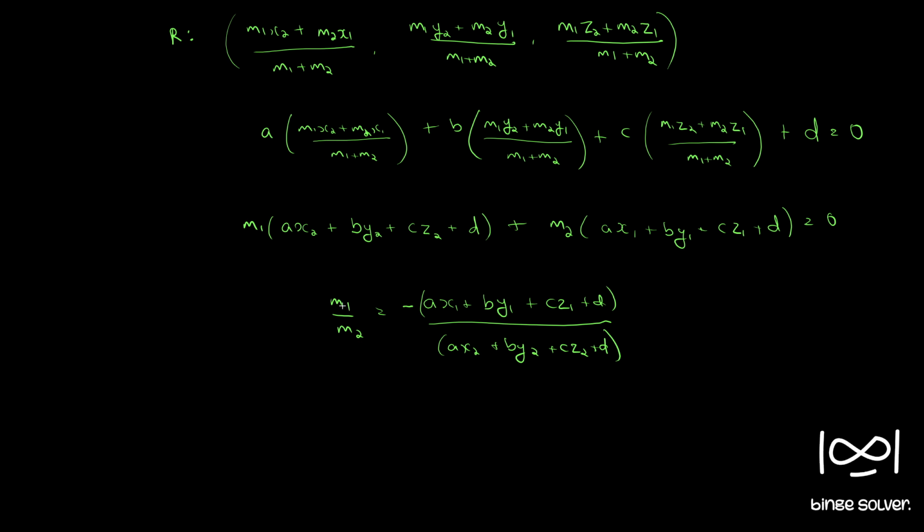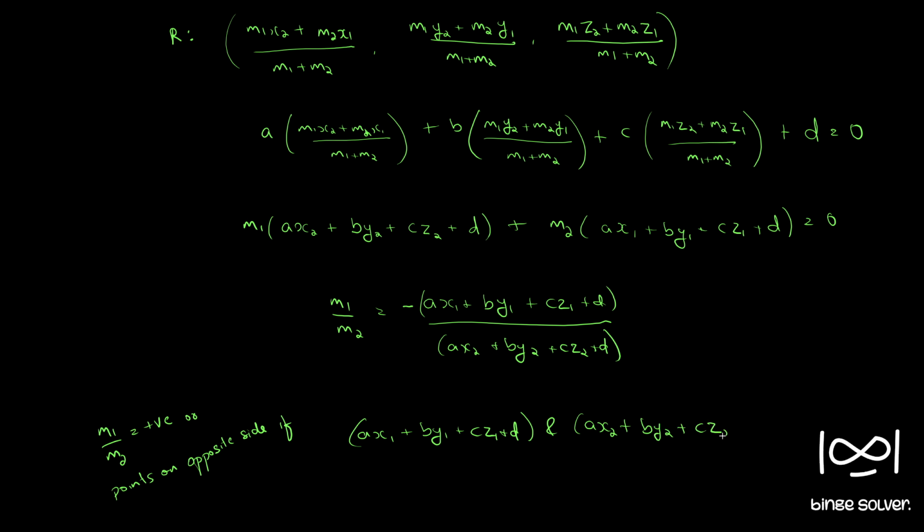If they have opposite signs, negative into negative is positive. So m1 by m2 positive means the points are on opposite sides if ax1 plus by1 plus cz1 plus d and ax2 plus by2 plus cz2 plus d have different signs.